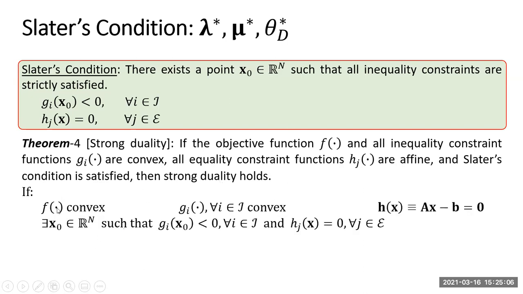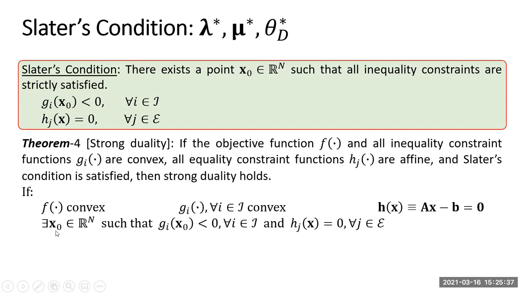Mathematically, f is a convex function, each inequality constraint gi is also convex, and the equality constraints are of this form. This is an affine function, a linear function of x with a constant term. If all h of x's are of this form and Slater's condition is satisfied, then strong duality holds.